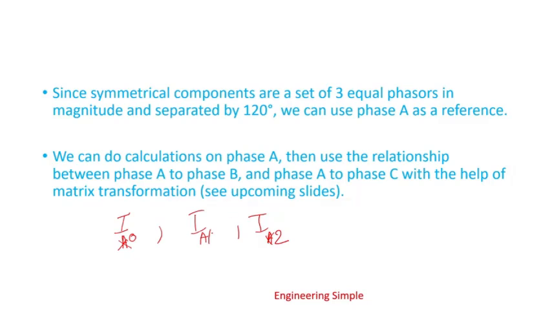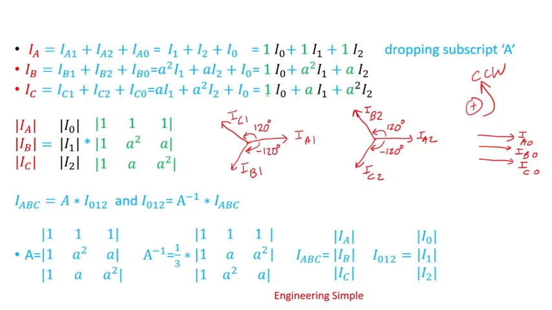Say, instead of A, I want to write the symmetrical components for phase B. Then it's better if you write IB0, IB1, IB2 instead of I0, I1, I2, because it will cause confusion. Because universally, when people see I0, I1, I2, they imply they are symmetrical components of phase A. So keep that in mind.